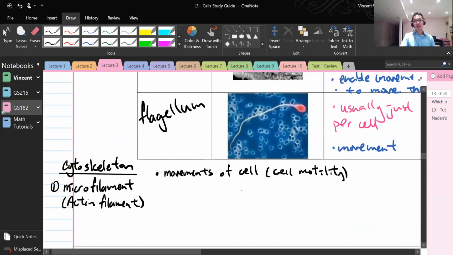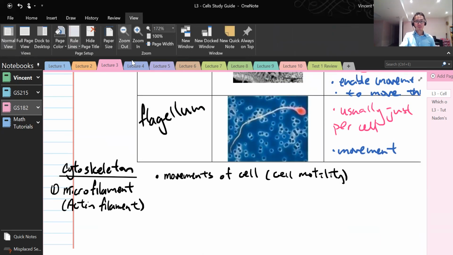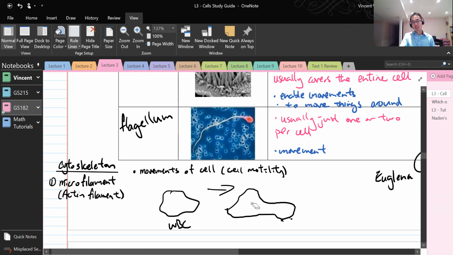So not necessarily the flagellum and the cilia. Cells can move without those things. If you think about the white blood cells I talked about, WBC, if it wants to move this way, it's going to extend the cytoplasm forward, grab onto something, and then the rest of the body will move forward.